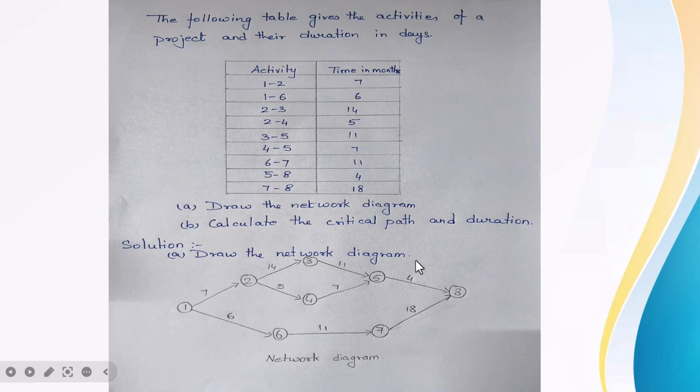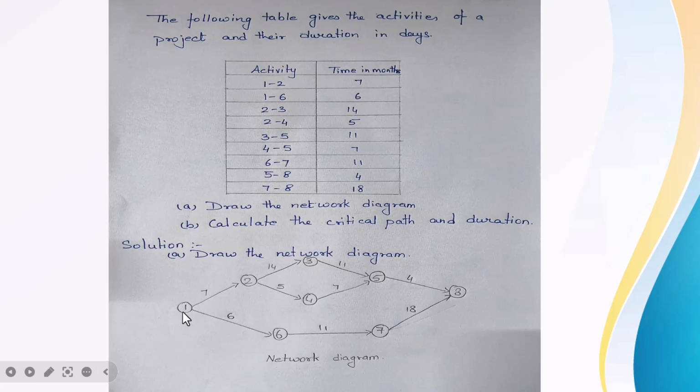So we have this network diagram where the project has started from activity 1 and has ended with activity 8. Now, you see that there are different paths to reach from activity 1 to activity 8. We can reach from 1 to 2, 2 to 3, 3 to 5, and 5 to 8.